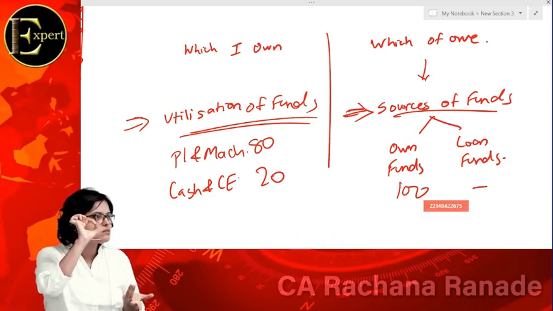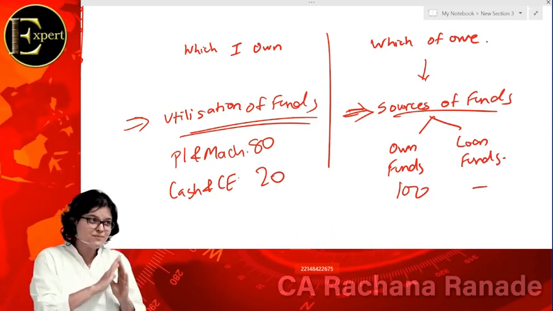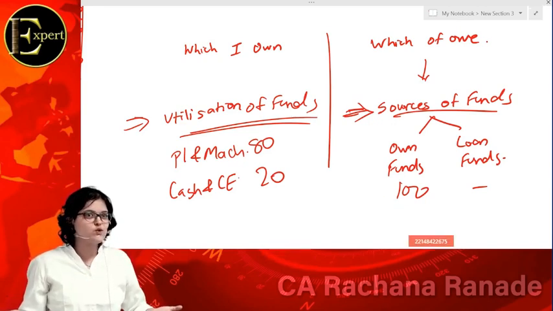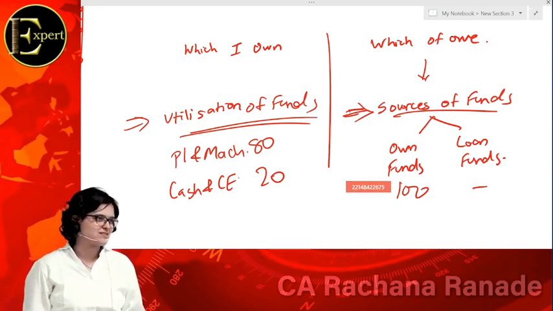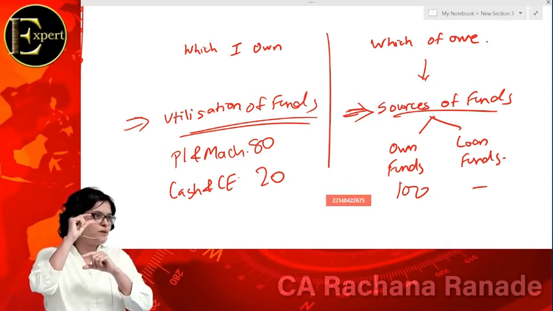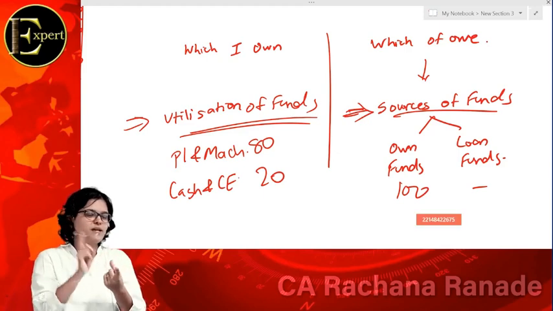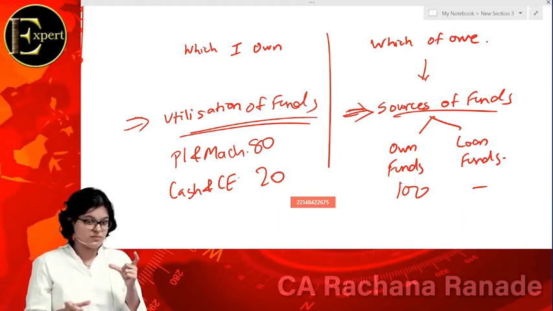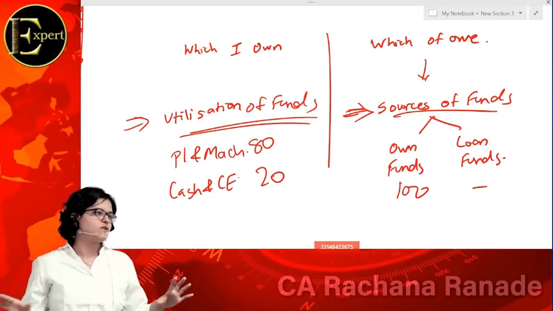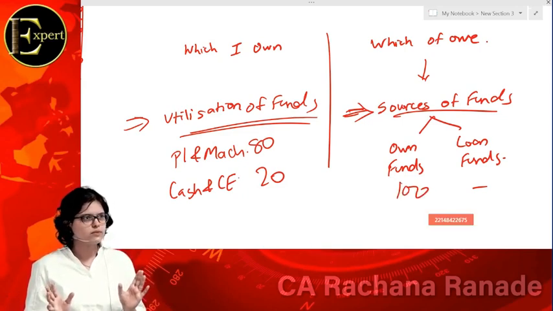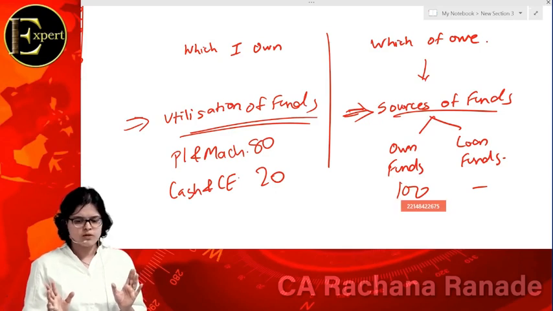No profit, no loss. Then it's better that you sleep at home, na? You're taking so much efforts, and if you are having a no profit, no loss situation, makes no sense. Okay, so profit or loss, that difference between income and expenditure is going to determine either you are having a profit or a loss. So there you will have a difference, but in balance sheet, you will never have a difference. Is this okay? Any other doubt? No?